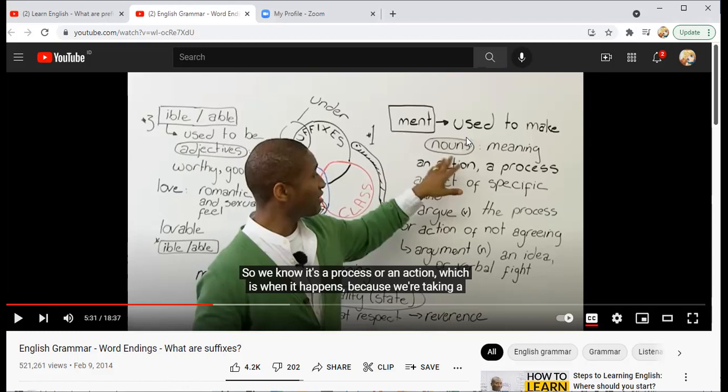Jadinya itu ment is used to make nouns, okay? Jadinya itu government itu adalah sekelompok orang yang mengepalai atau mengurusi suatu negara, begitu.